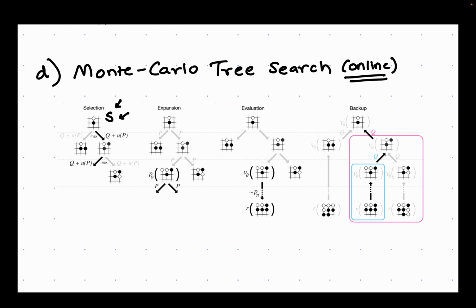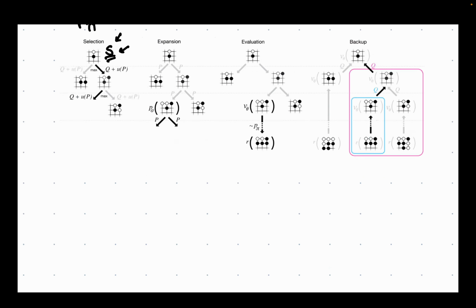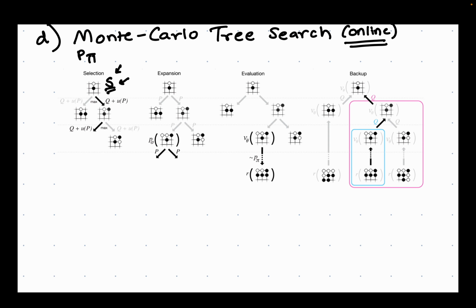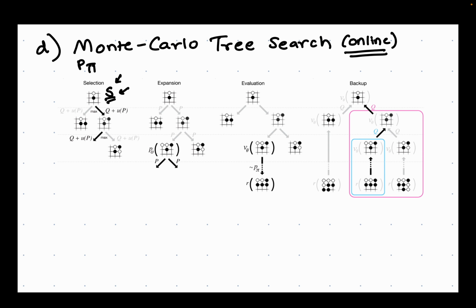Now you start on the leaf node, and you have this fast policy p-pi, and you roll out the game with policy p-pi multiple times to get an idea as to what the cost to go is from this state. That's your rollout, and given that rollout, you have a basic idea of what the reward is ahead of this state.